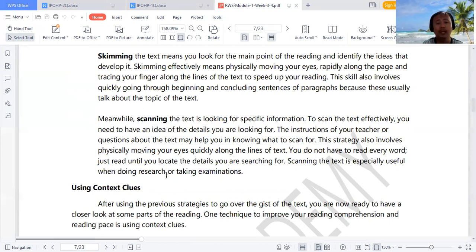But in scanning, you just have to scan it as a whole. Scanning the text is looking for specific information. To scan the text effectively, you need to have an idea of the details you're looking for. So the instruction of your teacher or questions about the text may help you in knowing what to scan for.